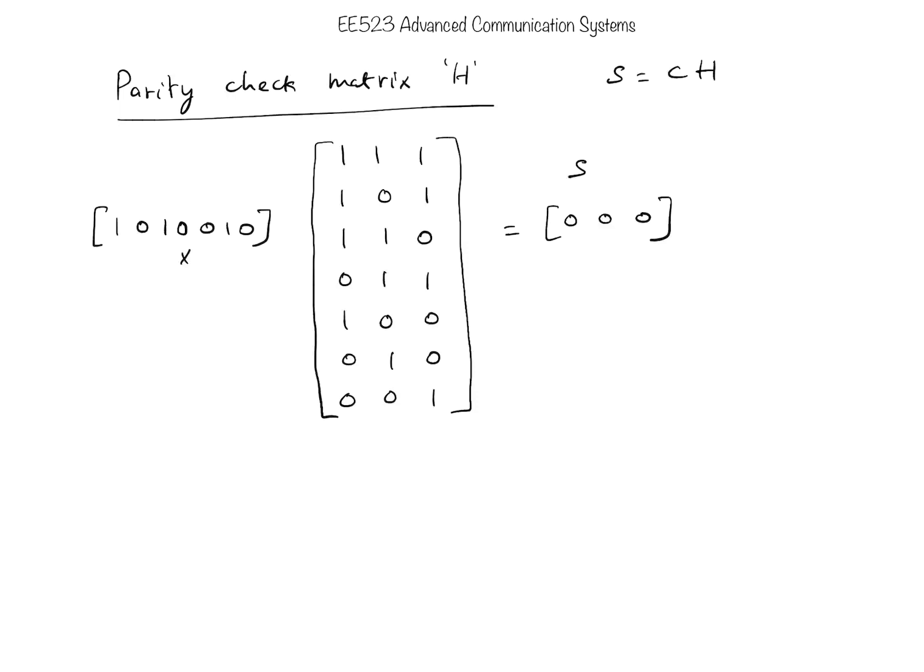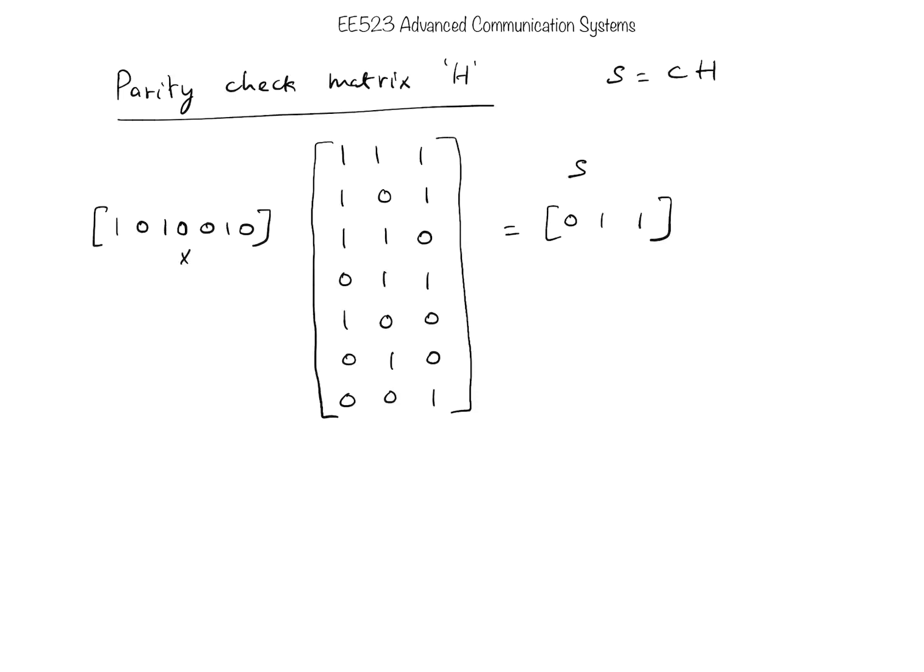And when we did that, we got the syndrome value as 0 1 1. So that's the answer we got for this particular code word, which has an error in the fourth position.